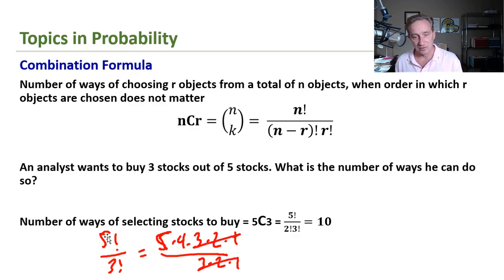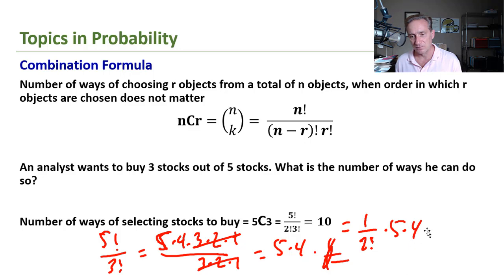So 5 factorial divided by 3 factorial is itself 5 times 4 because the rest cancels. So 5 factorial over 3 factorial, and this here is 1 over 2 factorial multiplied by 5 times 4, or 1/2 of 20, or 10.